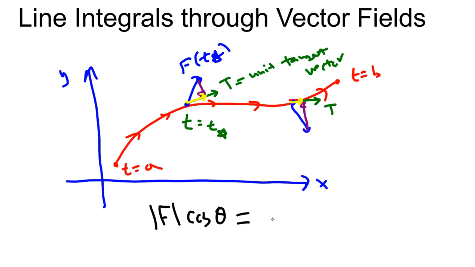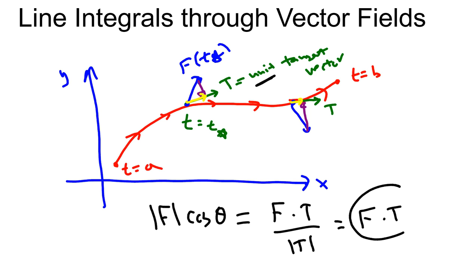So this would be vector F dot vector T over the length of T. But don't forget, T is a unit vector, and that means it has length 1. So this just becomes F dot T.